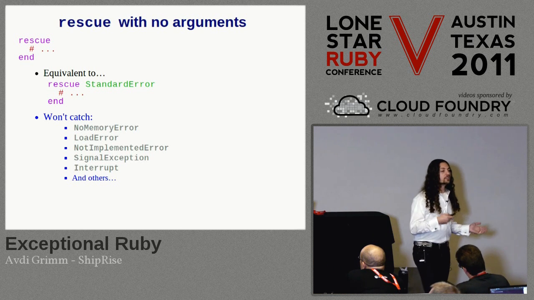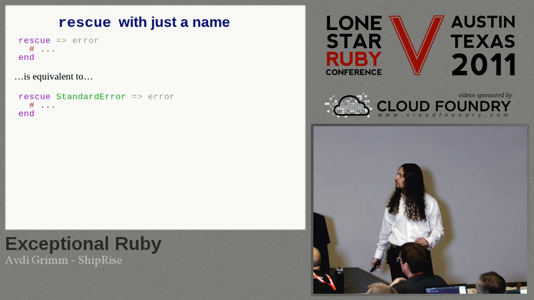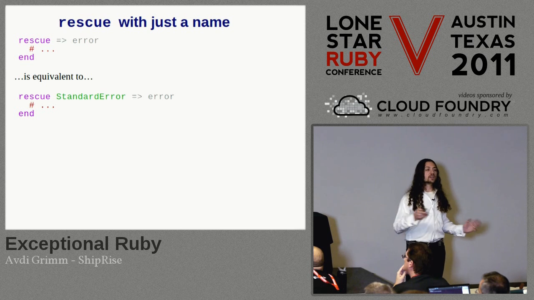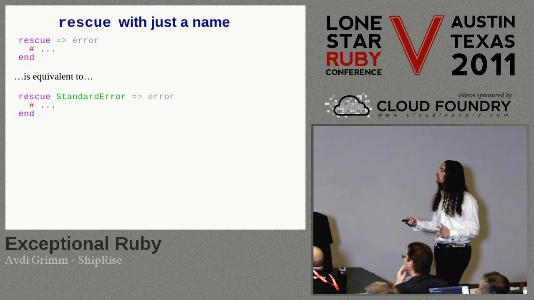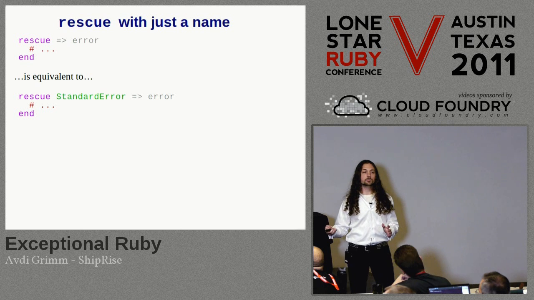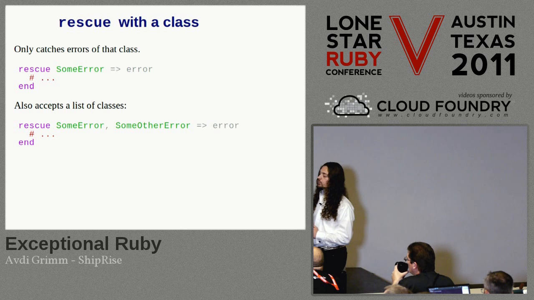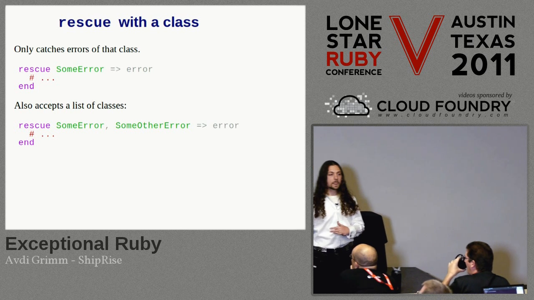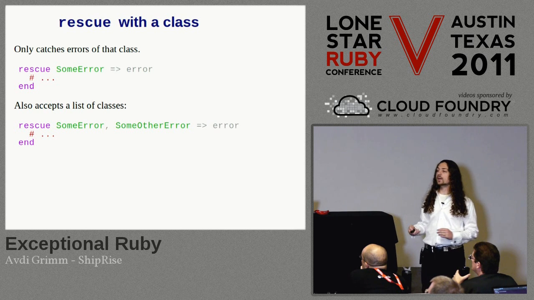And this is something that often catches people new to Ruby by surprise. You can give a name to the exception that rescue catches, and in this case, it's equivalent to calling it with the class StandardError. You can pass a class for it to rescue, or you can pass it a list of classes to rescue.